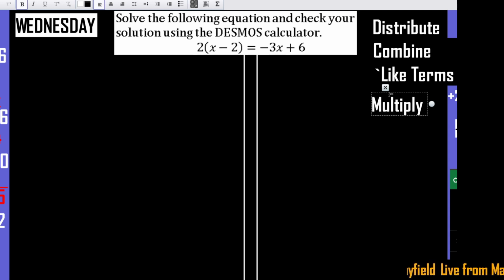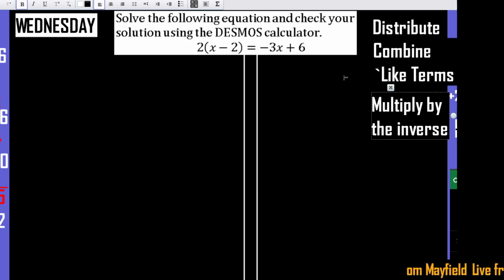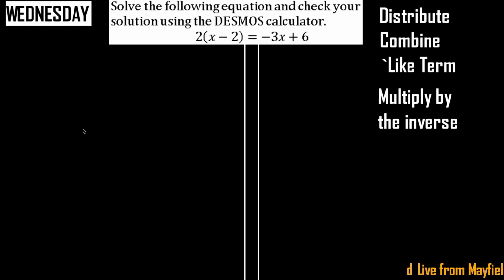Let's just say multiply by the inverse. Again, that's just dividing by the coefficient. So again, as long as you have that DCM for yourself, it helps you and it gives you those directions. If you're unsure of the order, always check that nice colorful foldable for yourself.